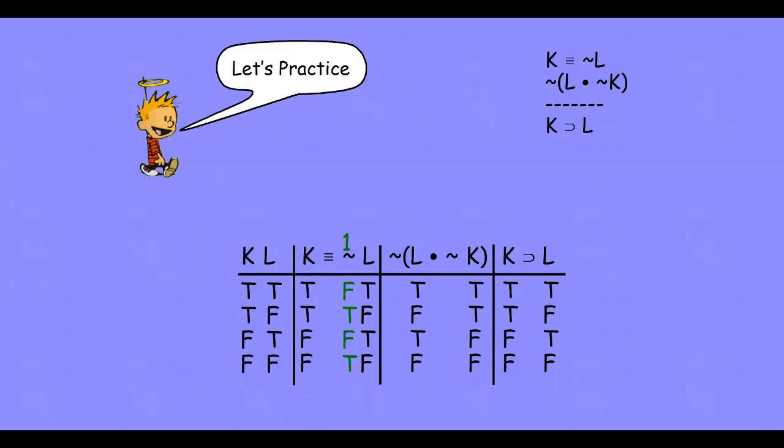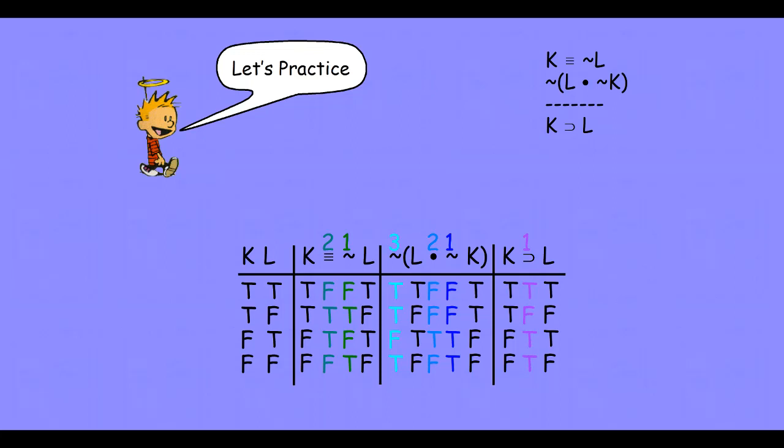Then we'll do our biconditional, a triple bar there. Then we'll do the truth value for our tilde inside our second premise, parentheses. Then the dot. Then we'll do the tilde outside. Then we'll do the horseshoe for our conclusion.